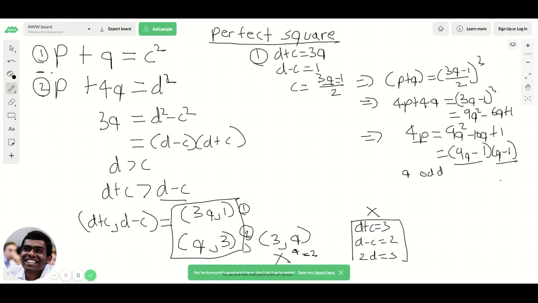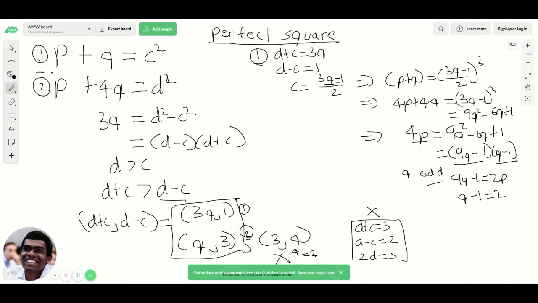Okay? That means you end up having just one option really, and your option is that 9Q minus 1 equals 2P, and Q minus 1 is equal to 2.